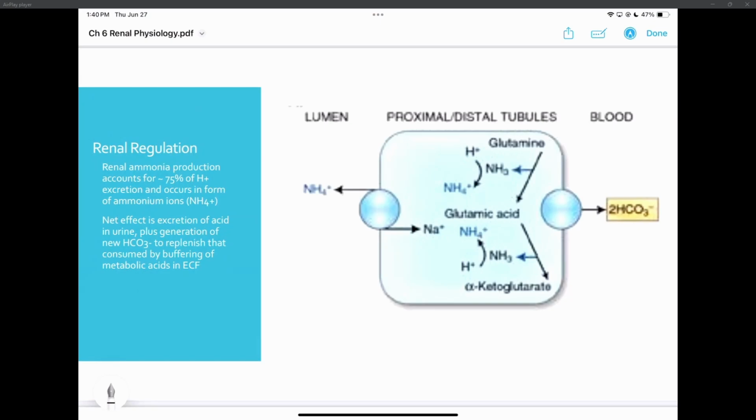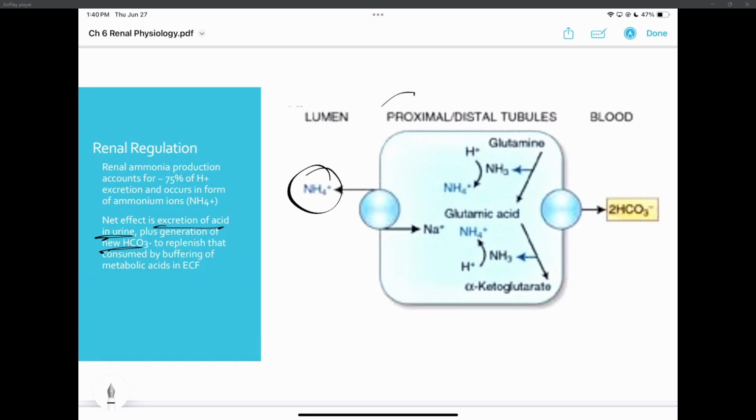Let's talk about ammonia now, NH4. Okay, remember this is one of those titratable acids we can get rid of. Net effect is excretion of acid in the urine, and it generates new bicarb as well to replenish anything that was lost.